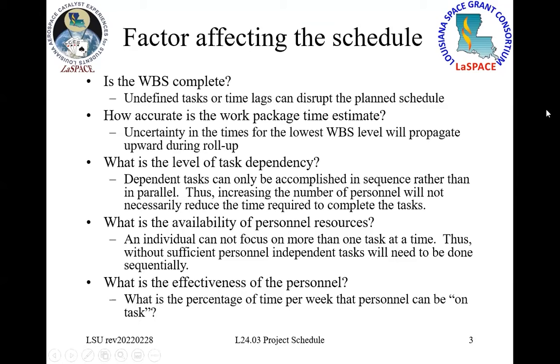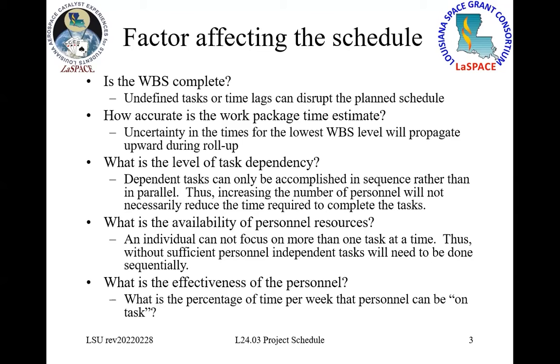There are several things that can seriously impact your schedule. So for example, is the WBS complete or incomplete? If you don't have all your tasks defined or understood, that can really screw you up, right? Do you have accurate work package time estimates?